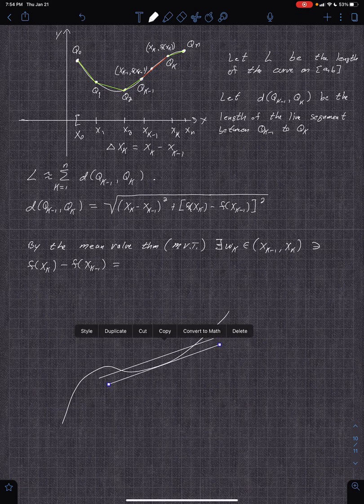That's the idea. So there exists a value that gives you the same slope as the secant line. We're saying there's a value c that gives you essentially that same result. The slope's the same. We're using that concept and then substituting in.